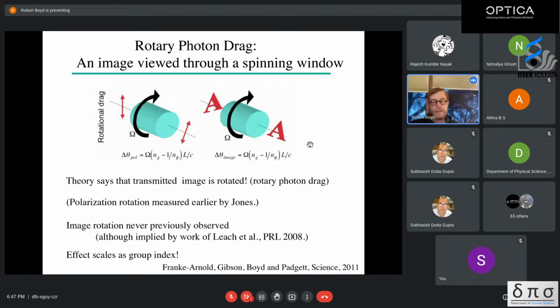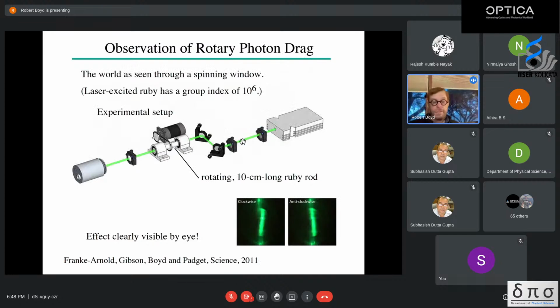And when you look through the glass rod, here this is just a letter of the alphabet, letter A, the image is rotated by a small amount. So we wanted to see this effect, and you see this effect scales with the group index, and people in the slow light community know how to get group indices of as much as 1 million. So we did the experiment.